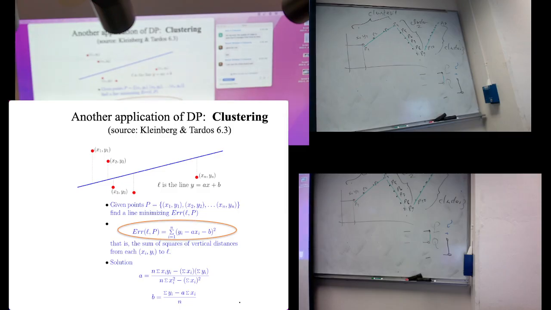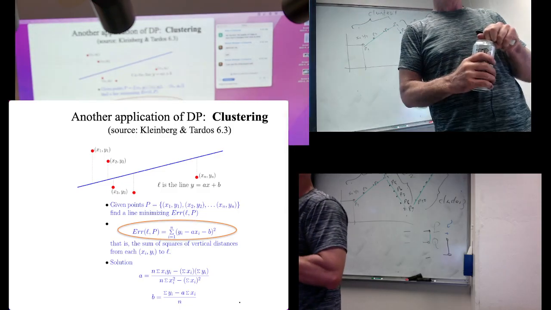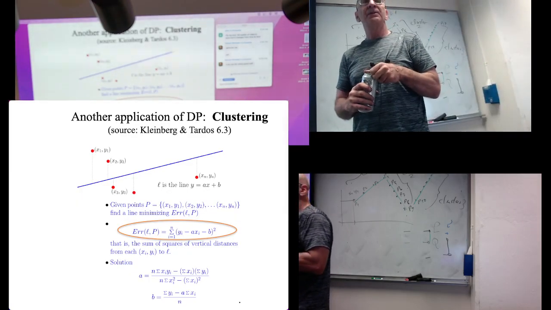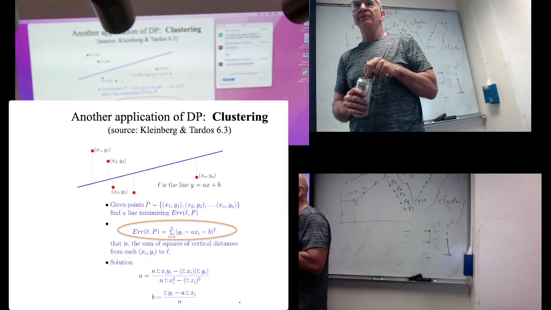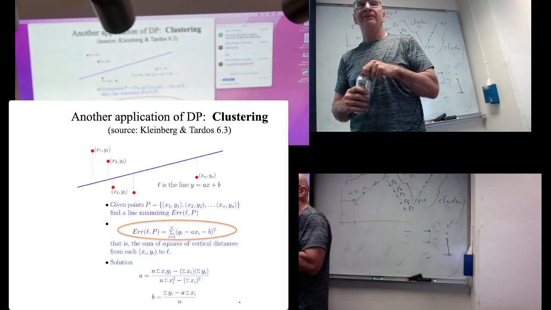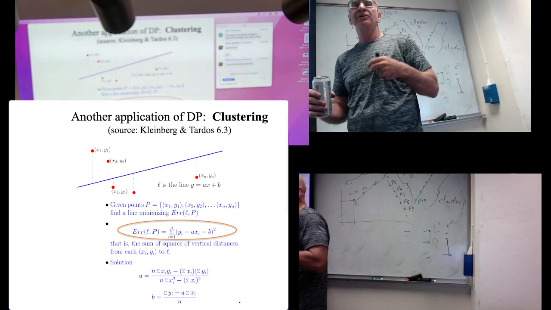And usually clustering is NP-hard. If you don't know what NP-hard is, our definition of an NP-hard problem in this course is a problem that you can write an algorithm for, but you will not live long enough to see this algorithm terminate and give you any result. That will be our definition of NP-hard.